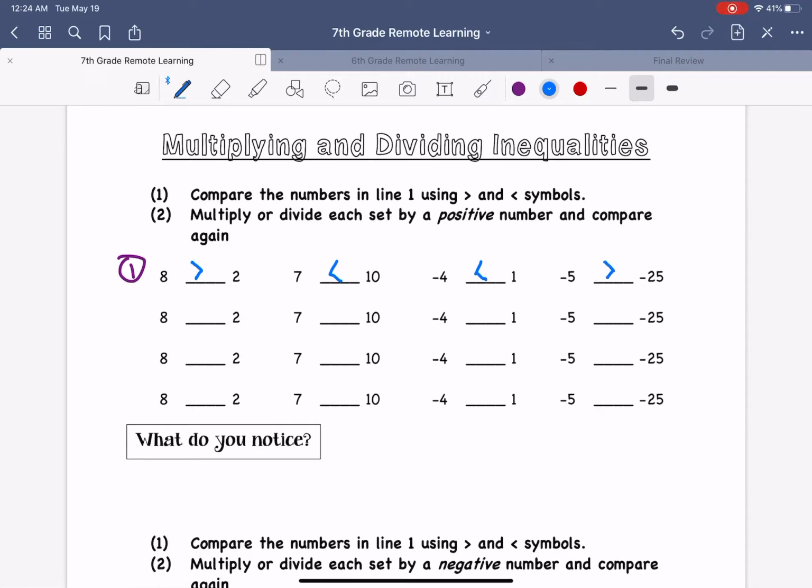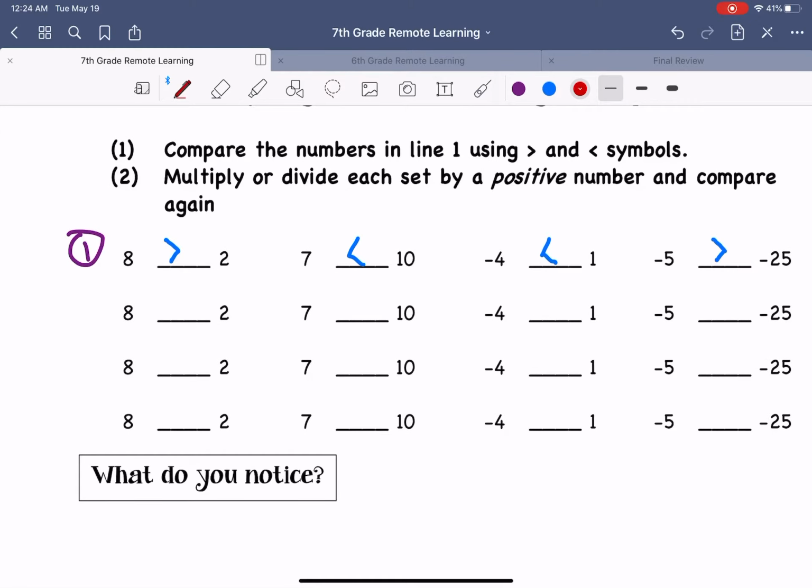Now, number 2 says multiply or divide each set by a positive number and compare again. So this is what we're going to do. We're going to pick a number to multiply or divide each set by. For this first one, we have 8 and 2, and we're going to divide them both by 2.